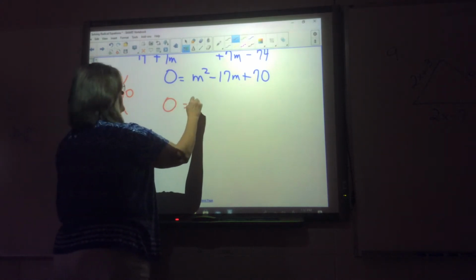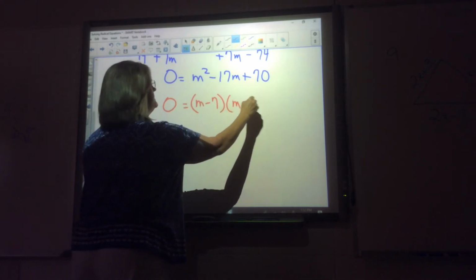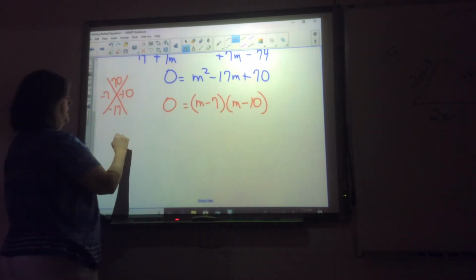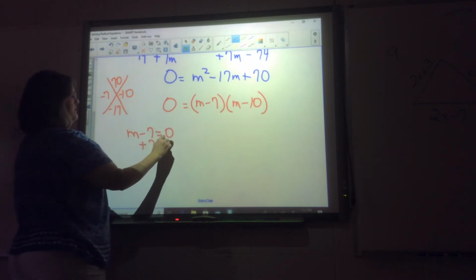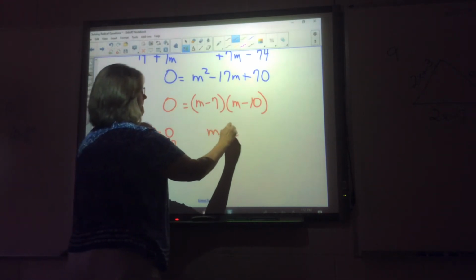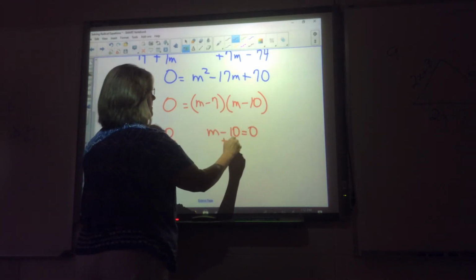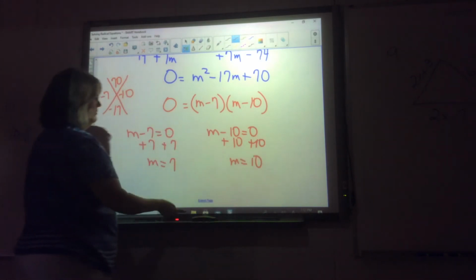So 0 is equal to m minus 7 times m minus 10. Now I take each one of those and set them equal to 0 and solve. M equals 7. Now I have to check both those solutions.